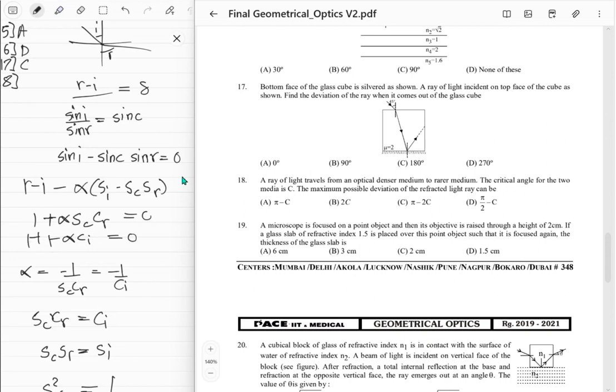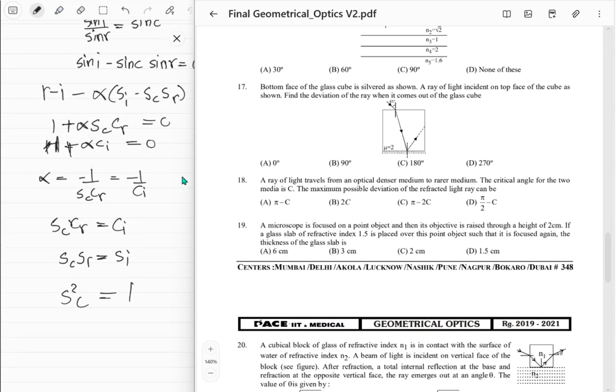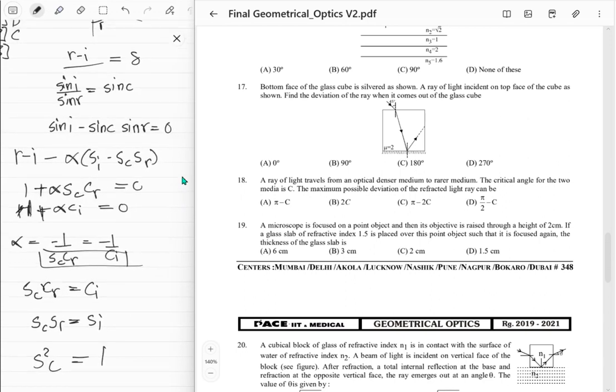Right, so from here you can clearly see that sine C cosine R must be equal to cosine I. Right, this is our condition. But then we know that sine C sine R is equal to sine I as well. But how does it make sense? No, it just doesn't make sense. Why would that happen?